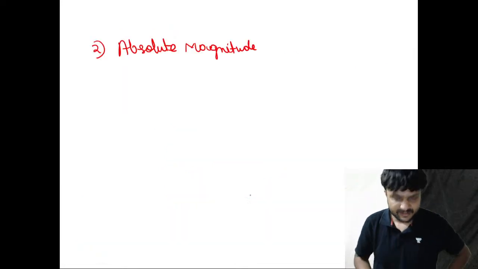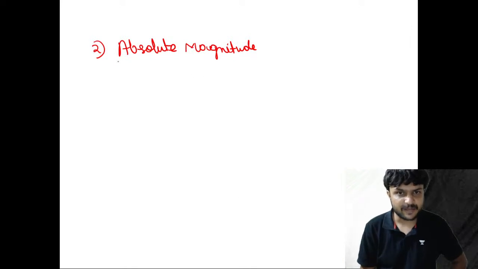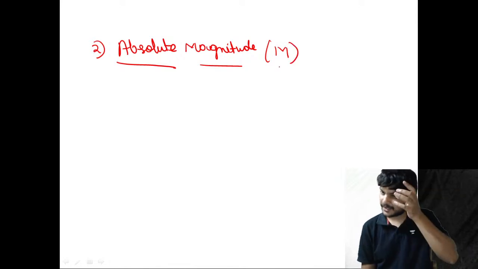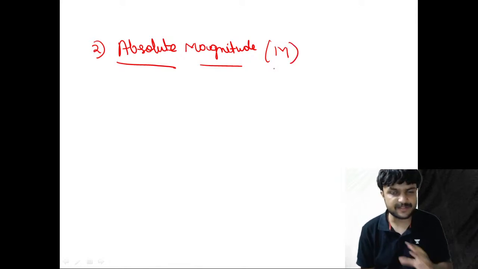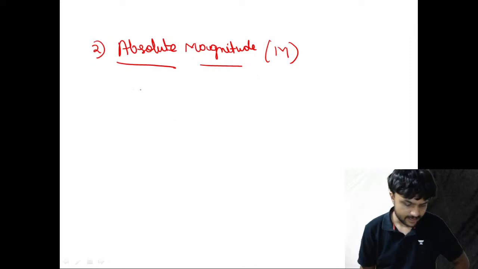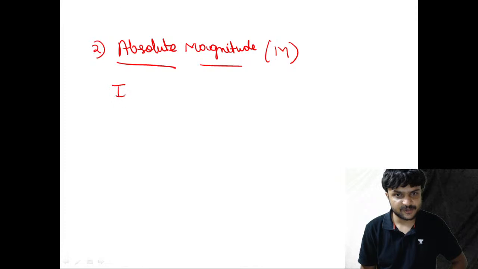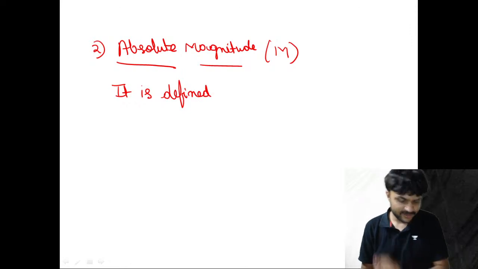Then we have something called the absolute magnitude of the star, which is represented by capital M. Apparent magnitude was represented by small m, absolute magnitude is represented by capital M. So how do we define this? It is similar to apparent magnitude.